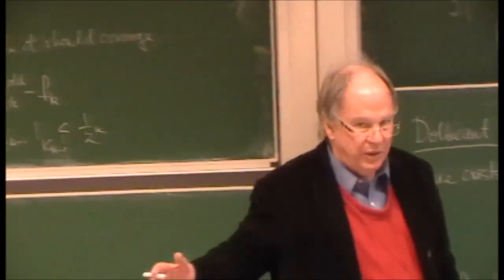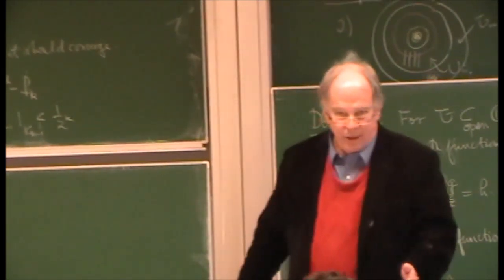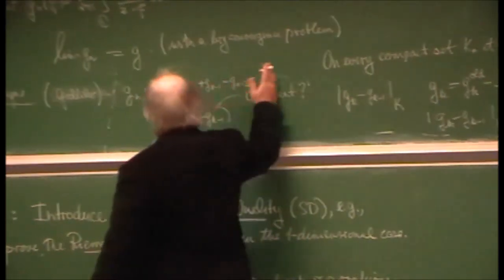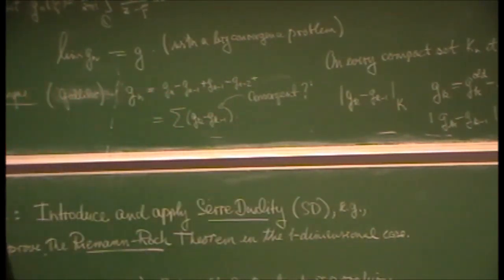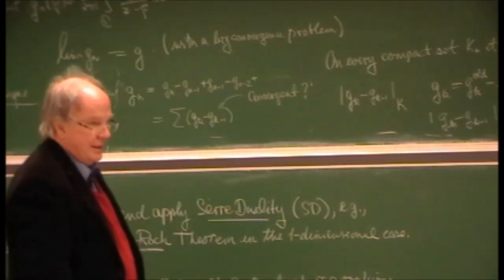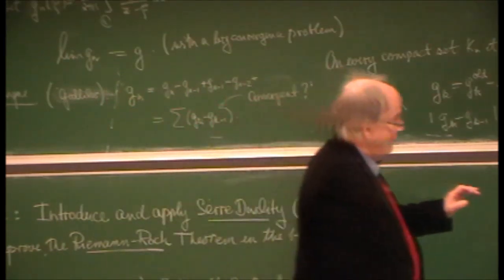Because this sequence needs to be Cauchy. If you start with this telescopic series, Cauchy means you're cutting off everything down here, so you really only talk about top level terms. So that's it. Again, Runge, and you need the existence of a Runge exhaustion.